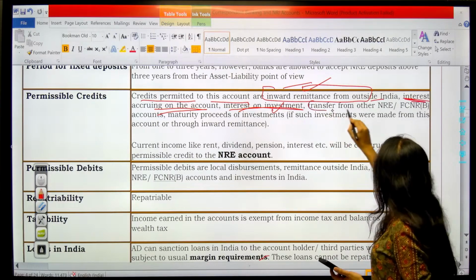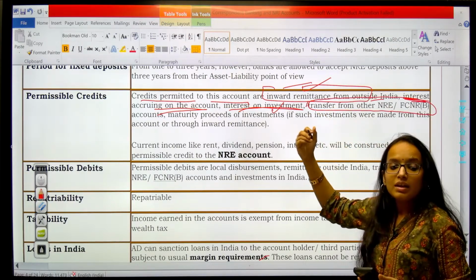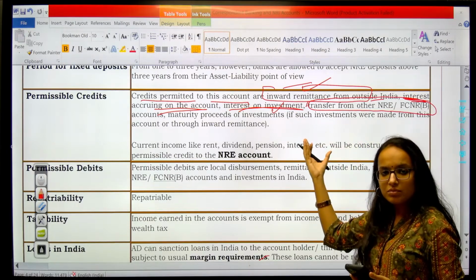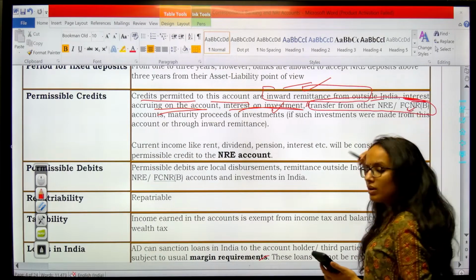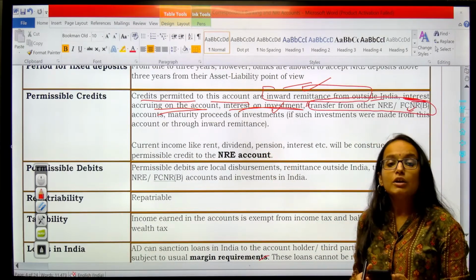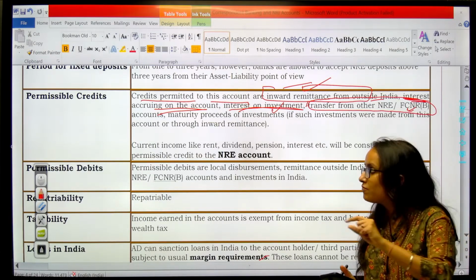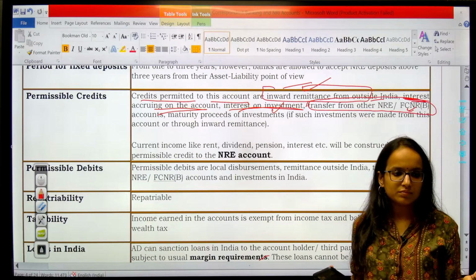Then transfer from other NRE or FCNRB accounts. We haven't done these accounts yet, but when we do them, you will understand what we mean by other FCNRB account or other NRE account. NRE account is something which we are discussing right now, right? So if there is another NRE account which transfers some fund to this NRE account, then it is also permissible.